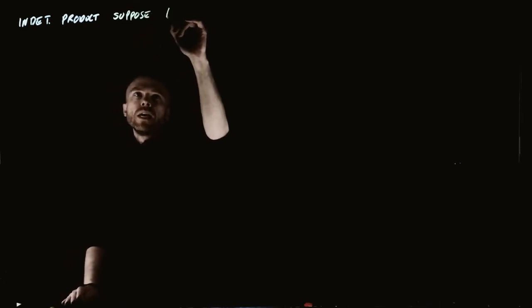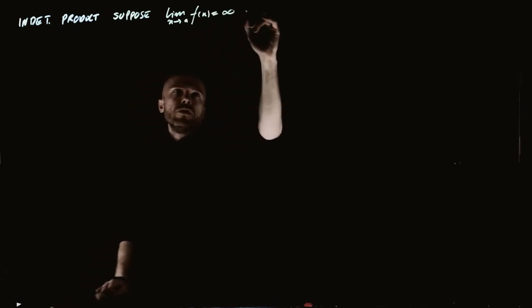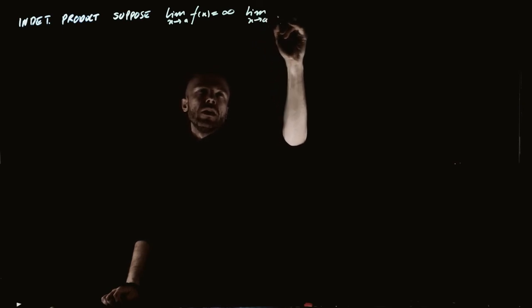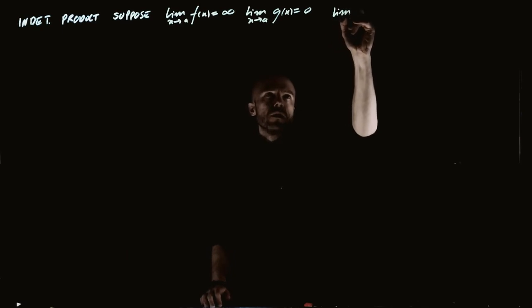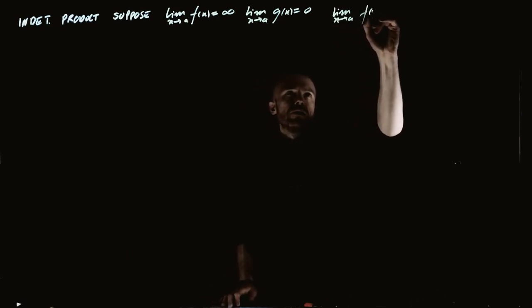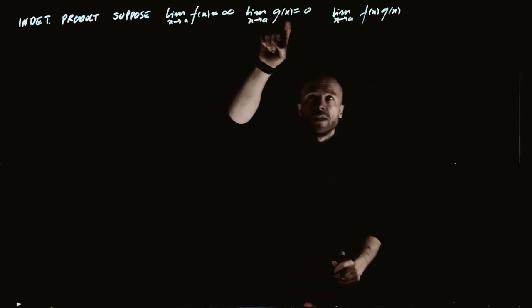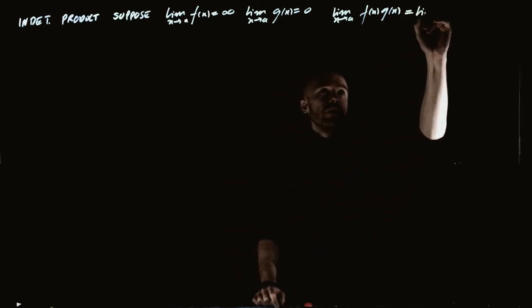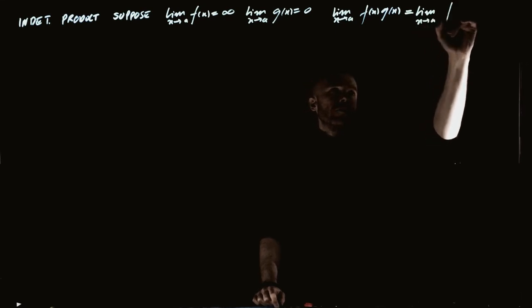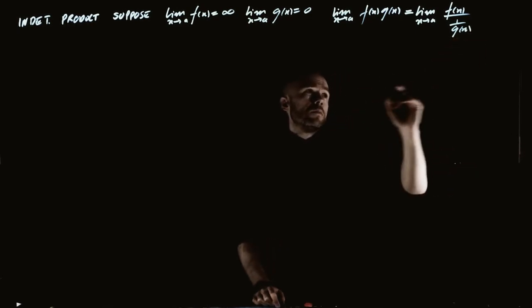So suppose we have that the limit as x tends to a, f of x is equal to infinity, and the limit as x tends to a, g of x equals 0. Then if we want to consider this thing, x tends to a, f of x times g of x, it's again a fight. It's a fight between how fast this guy goes to infinity compared to how fast this thing goes to 0. Yeah? And we can turn it into the kind of situation we know by either writing this, yeah, or by writing this.